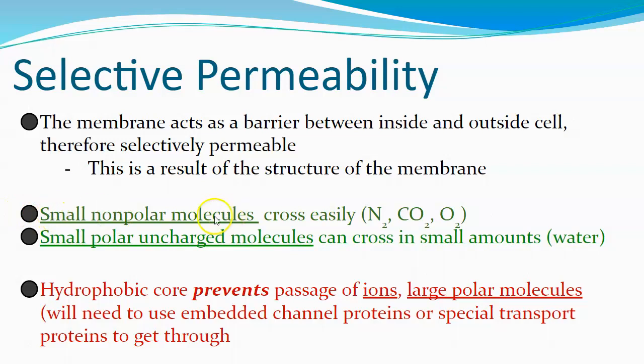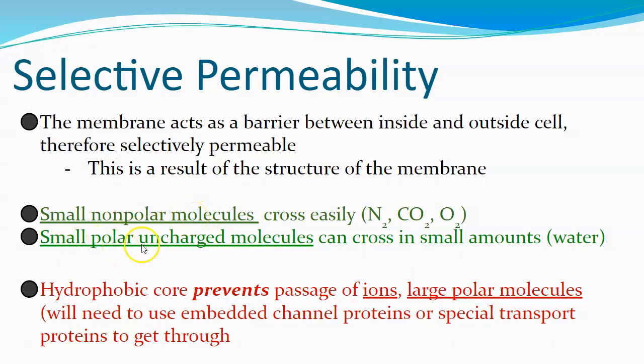Well, small nonpolar molecules have no problem going through because the core of the membrane is hydrophobic or nonpolar. So these guys are happy at home there, but they're small enough to kind of slip through the polar part of the membrane. So this includes things like nitrogen, carbon dioxide, oxygen. Those just go right on through.